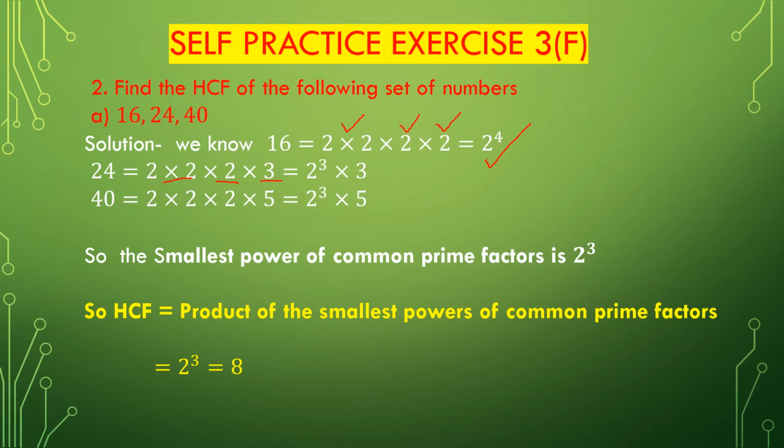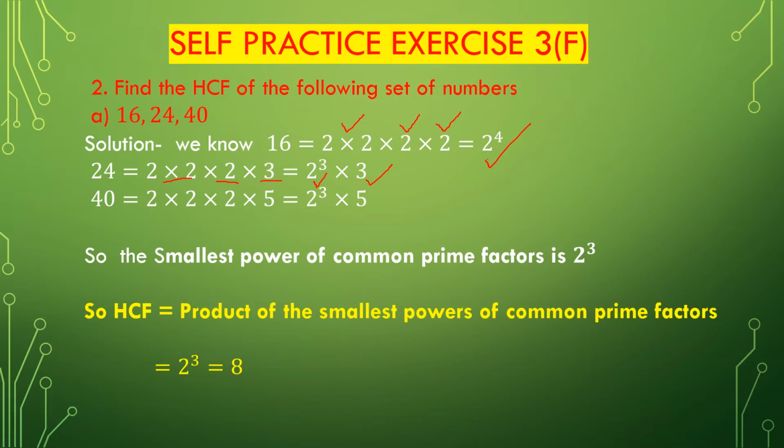We can represent this in exponential form as 2 multiplied 3 times, so exponential form of 2 multiplied with 2 multiplied with 2 is 2 to the power 3, where 2 is the base and 3 is the exponent. 2 cubed multiplied with 3. This is the prime factorization of 24.